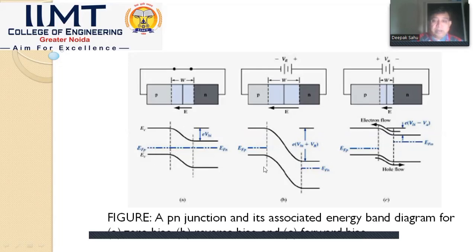So in forward bias, we take EFP as a reference, and since EC moves upwards, the extrinsic Fermi level has to remain closer to the conduction band in the n side.